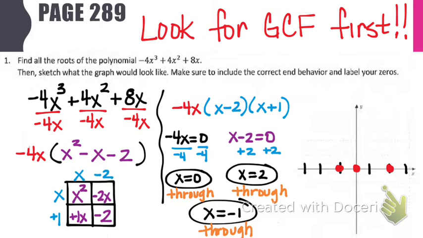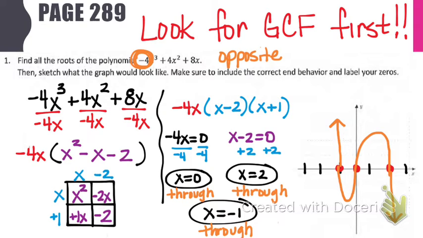This is an odd degree function, so I have opposite arrows. And because I started off with a negative 4, it's going to go down on the right and do the opposite on the left. And then it just goes through. And that is your sketch.